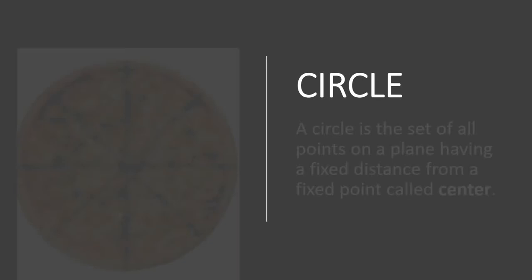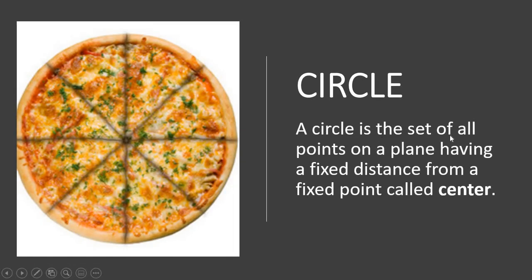Let's define circle. A circle is the set of all points on a plane having a fixed distance from a fixed point called center. So for this example, slices of pizza, yung center niya ay itong part na ito. Okay? And then, the set of all points on a plane.